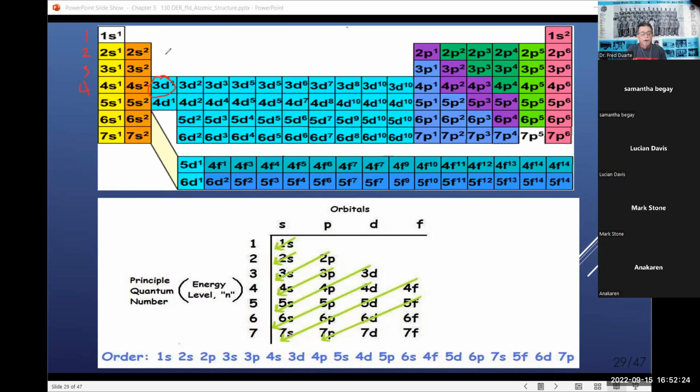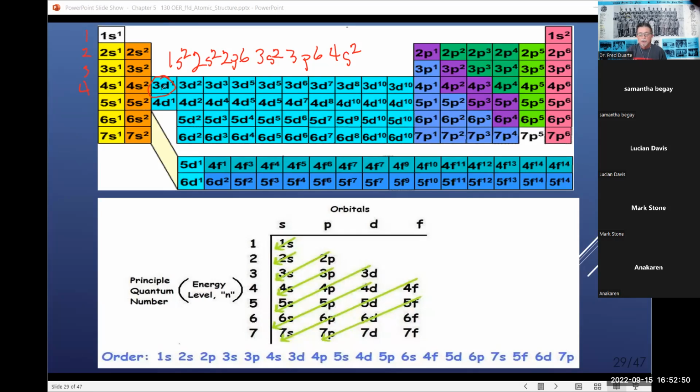Okay, so you write down 1s2, 2s2, 2p6, and then you start the third energy level with 3s2, 3p6, and then you wrap around to the fourth because it is in the fourth energy level. So you go across the 4s2, and then if you count the number of exponents there, that's only 20.